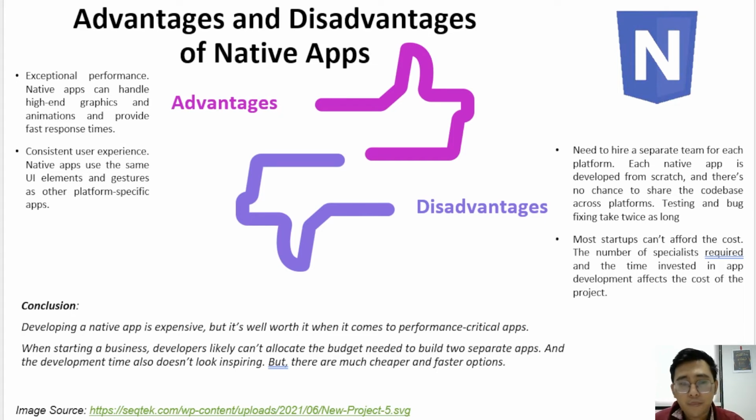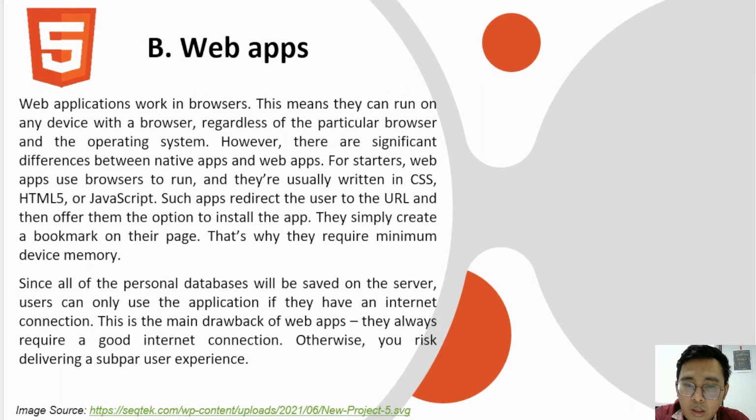Next one is web apps, where a web app is an application that works in most browsers, so they can run in practically every browser on an operating system if it has one.